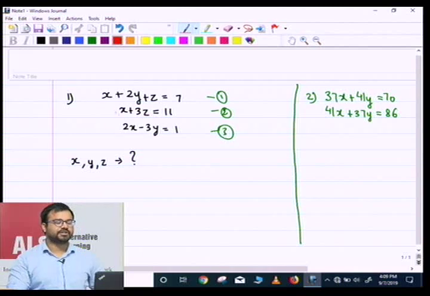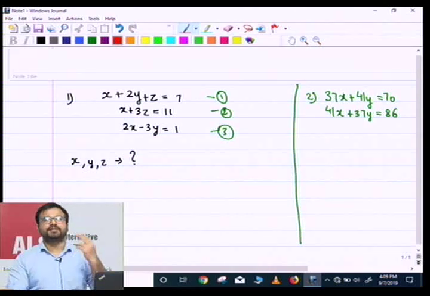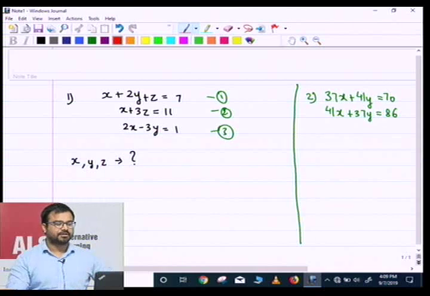In the first question, if you subtract the first and second equations, equation 1 minus equation 2, x will get cancelled, so it will be 2y, and z minus 3z will be minus 2z, equal to 7 minus 11, that is minus 4, or y minus z is equal to minus 2.